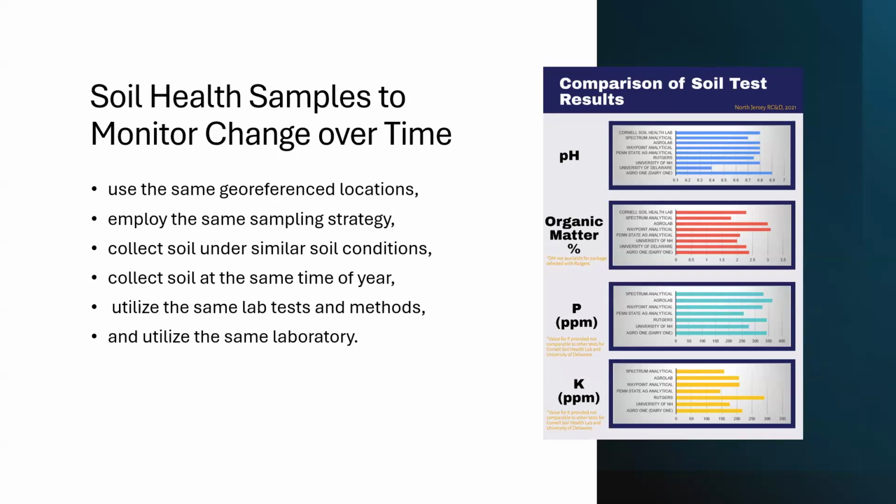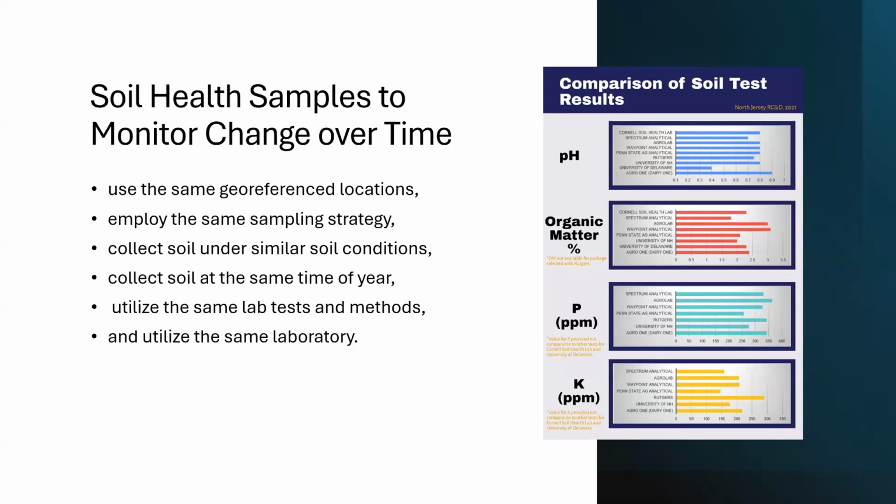Then you also want to try to collect under similar soil conditions, because these indicators are very sensitive to environmental conditions. So too wet, too dry, like I said before. You want to have similar conditions. You want to go back to that same spot. You want to use the same sampling strategy. Try to collect at the same time of the year.